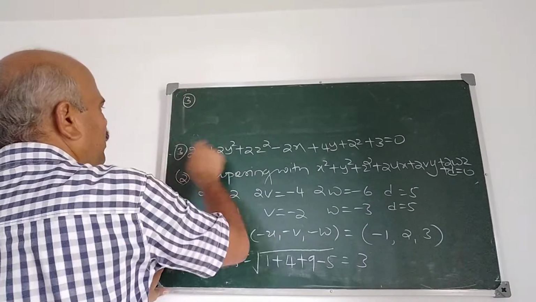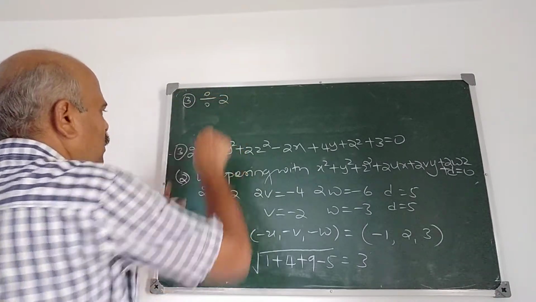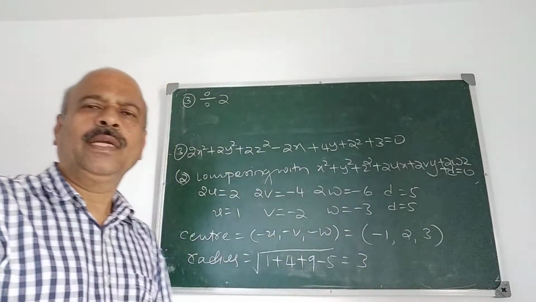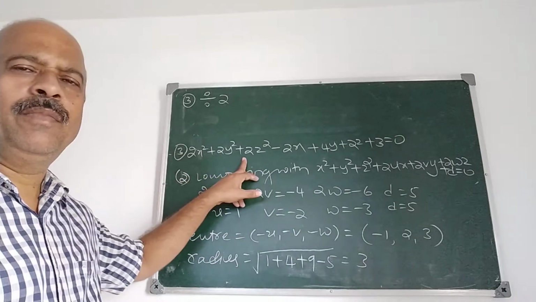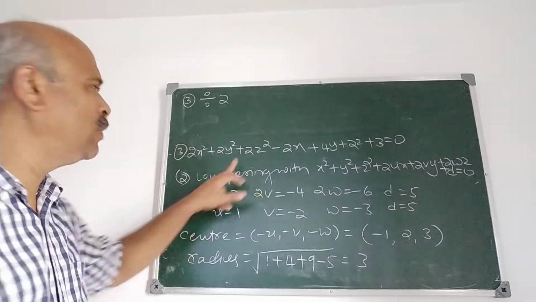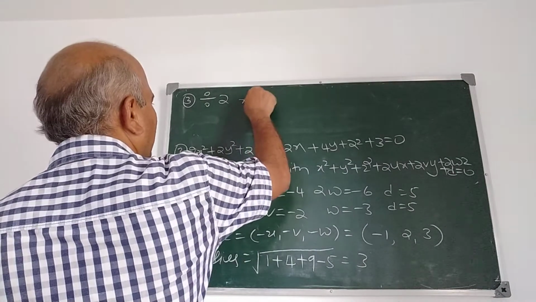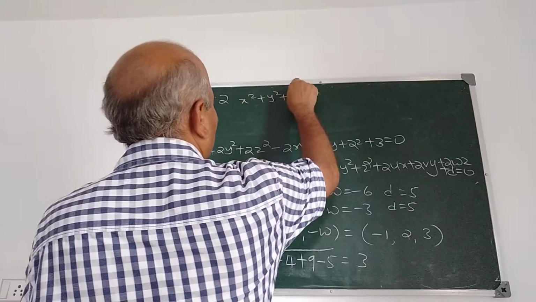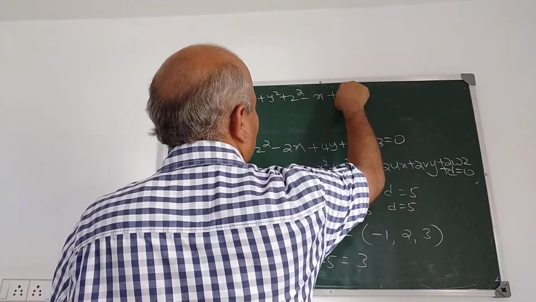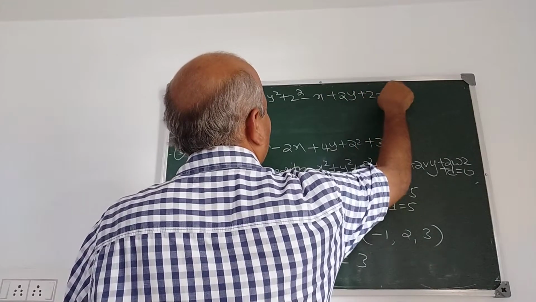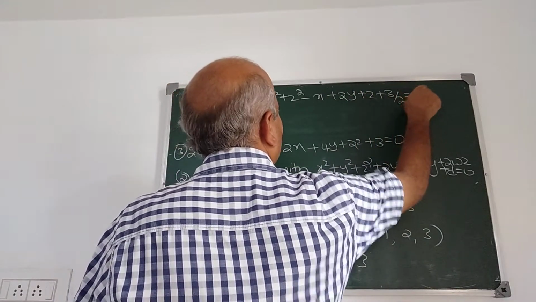Now the third problem is important. You have to divide by 2 first. Of course it is a sphere equation, but you have to reduce it by dividing by 2. What do you get? x square plus y square plus z square minus x plus 2y plus z plus 3 by 2 is equal to 0.